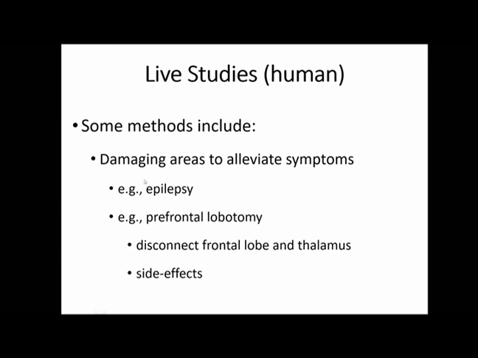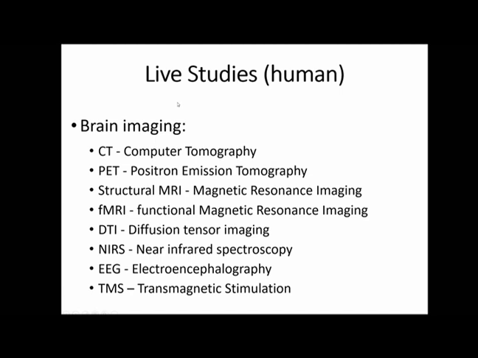But as you can imagine, there are some side effects with damaging parts of the brain. And we'll talk about some of those side effects later on in the course when we get into some of our case studies. And I'm actually going to leave it there because the next series of live study discussions are going to be brain imaging, and I'd rather do those all in one go.